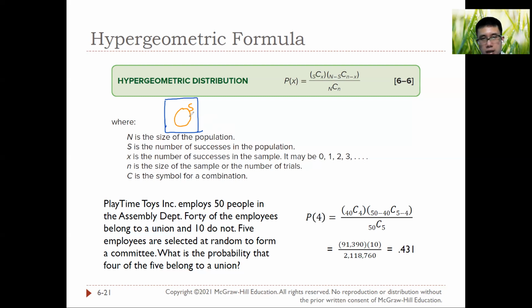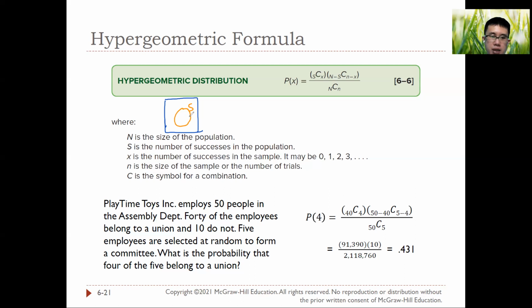To understand this hypergeometric, let's see the example. The example is in Playtime Toys.